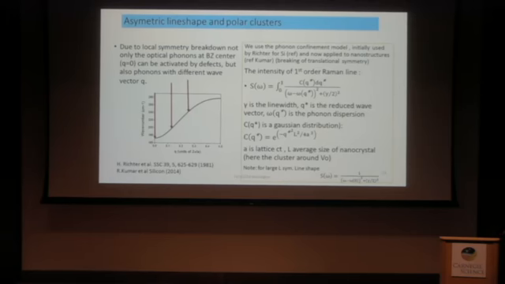Due to the local symmetry breakdown, not only the optical phonon at the Brillouin zone center can be activated by the defect. Here you have the frequency as a function of the wave vector, and here the zone boundary. Due to the defect, you can see by Raman phonons with different wave vectors.